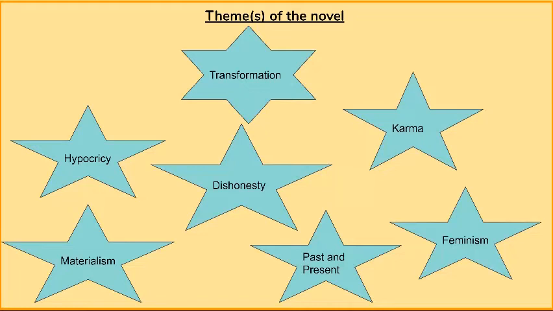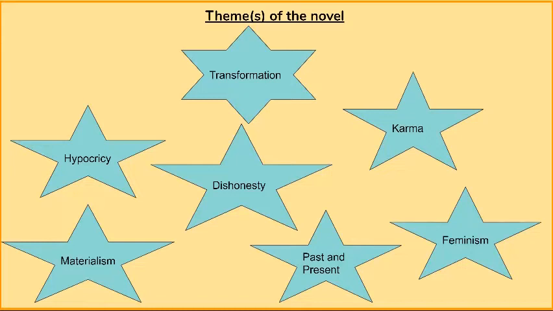Next theme is dishonesty. It is very close to the theme of hypocrisy, again evidently seen in the character of Raju, who is a dishonest character, and you see in the novel that he gets a 2-year prison sentence for forgery. And even after coming out of prison, he poses as a sage. Now the theme of karma.